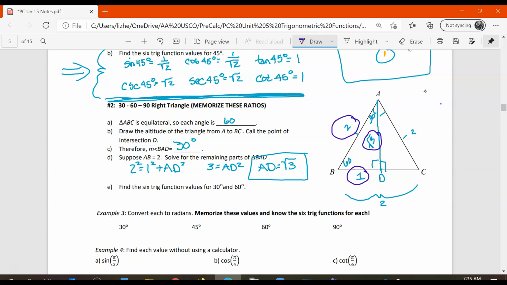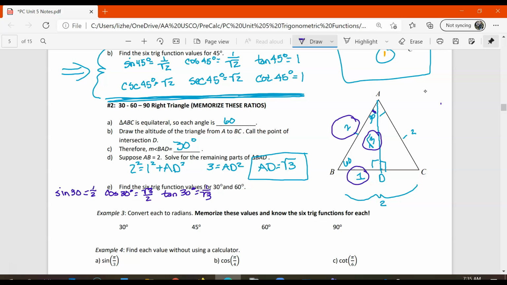Find the 6 trig functions for 30 and 60. So we have to actually then find 12 trig functions. So I should have left a little more space, but anyhow, we'll do 30 first. So the sine of a 30-degree angle is 1 over 2, opposite over hypotenuse. The cosine of a 30-degree angle is adjacent over hypotenuse, radical 3 over 2, and the tangent of a 30-degree angle is opposite over adjacent, which is 1 over radical 3.